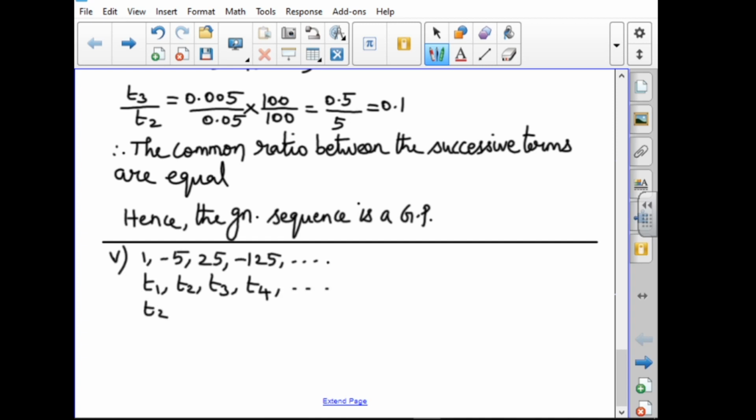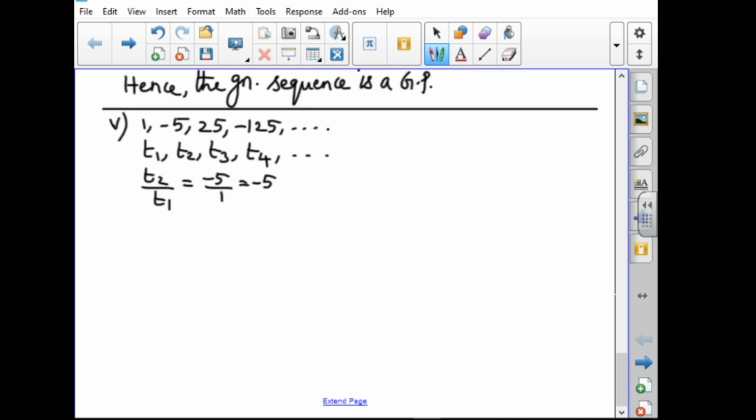T2 by T1, that is minus 5 divided by 1. The answer will be minus 5. Next T3 by T2, that is 25 by minus 5. Again the answer is minus 5. Now the third one, T4 by T3. The answer will be minus 125 divided by 25, it is also minus 5.